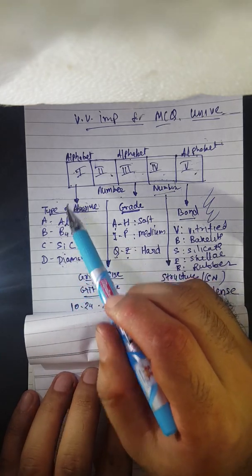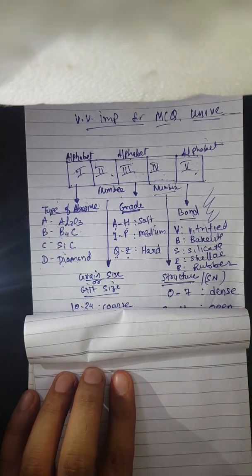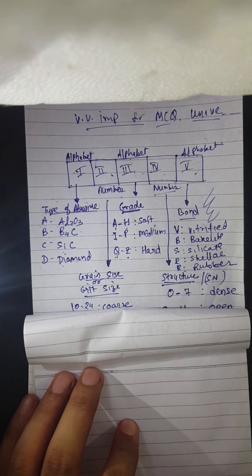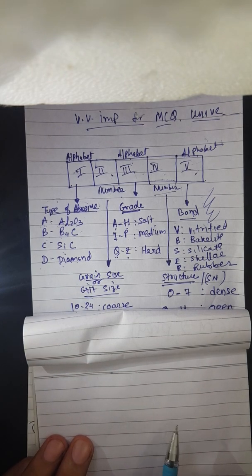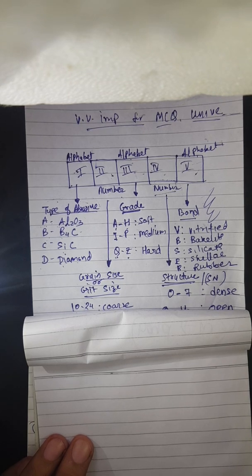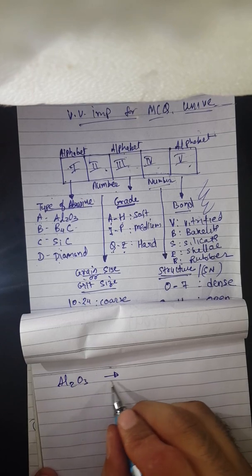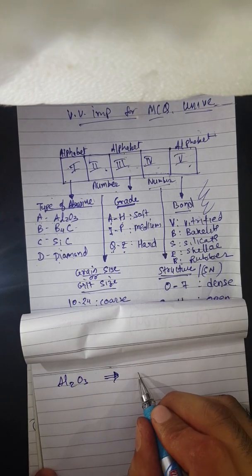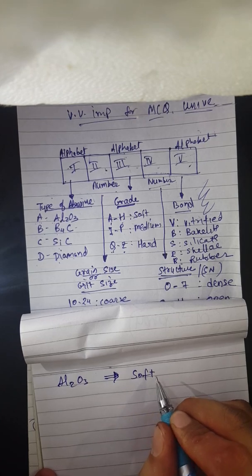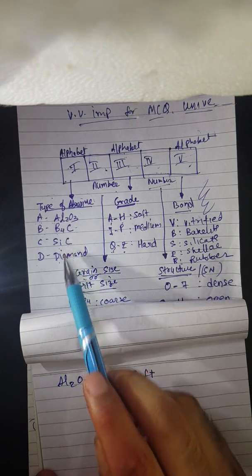Now we are going to see the significance of these abrasives. Starting with Al2O3, we have aluminium in the combination, which implies that the abrasive particles are soft. I am talking purely in relative terms, relative to all the other remaining abrasive particles.